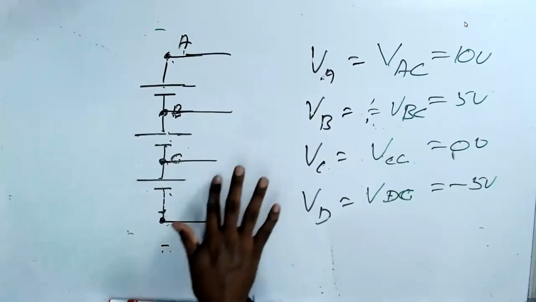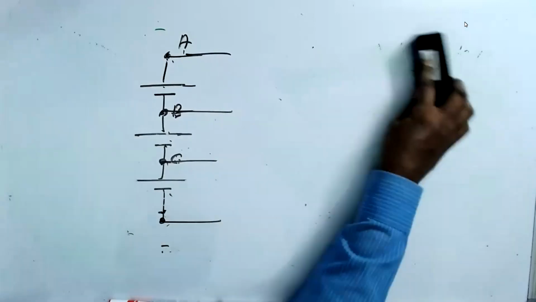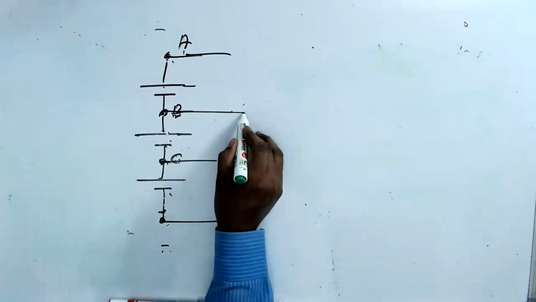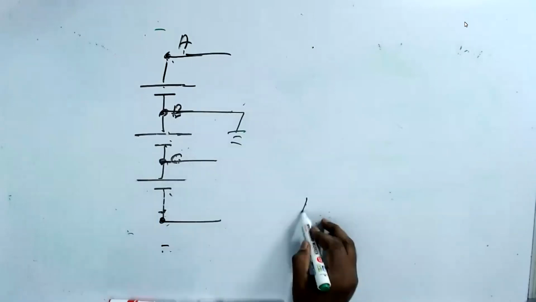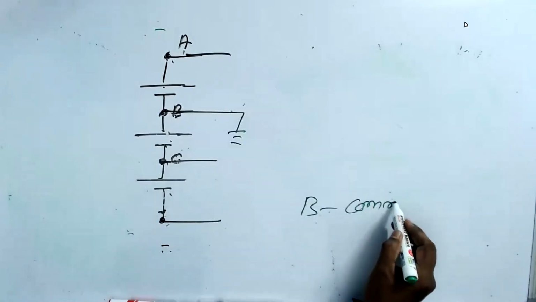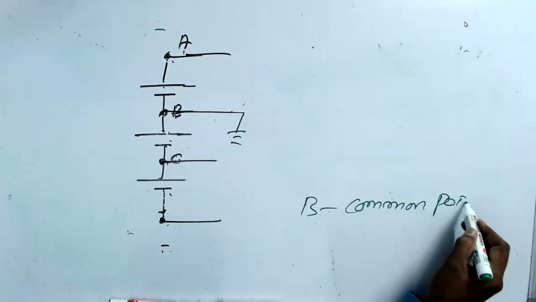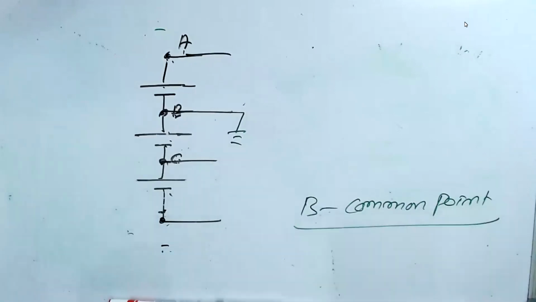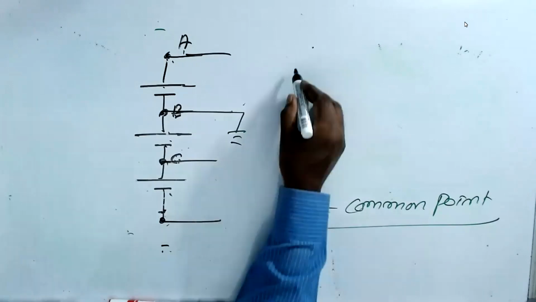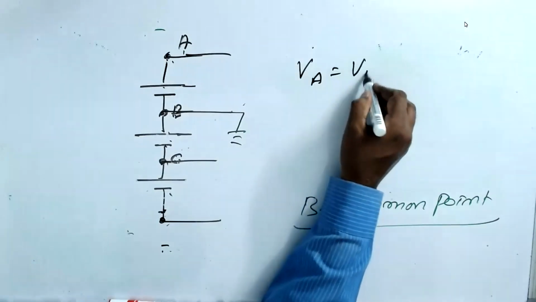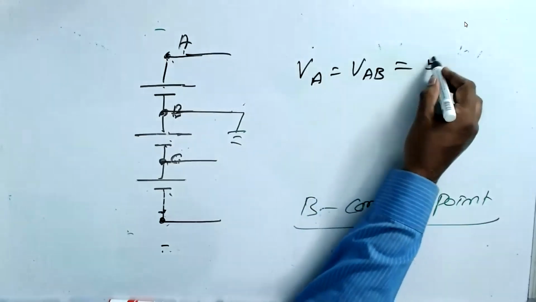Now the same thing, think of it. If I make a circuit, and I make this B as a ground, as a common point, then what happens? Now VA is equal to VAB is equal to 5 volt.